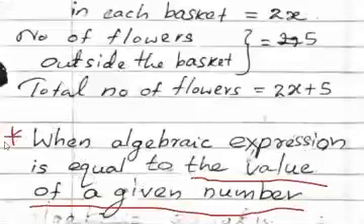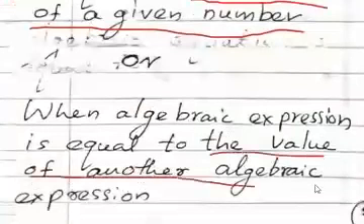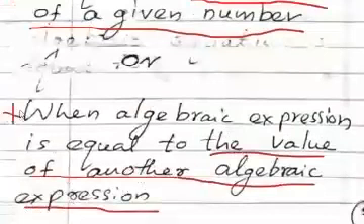How do we obtain an equation using an algebraic expression? Second way, when an algebraic expression equals the value of another algebraic expression. This is the second way you can get a relationship between algebraic expression and equation.